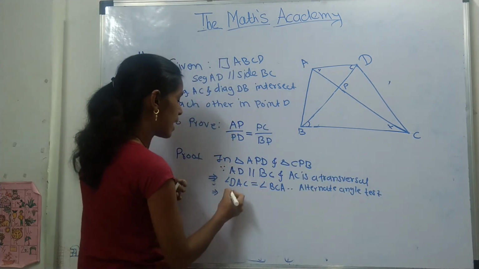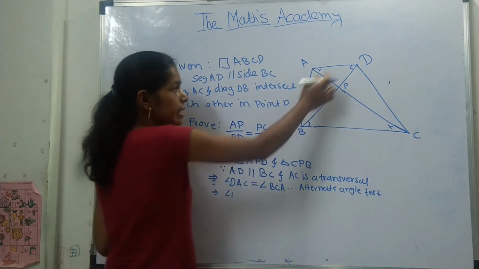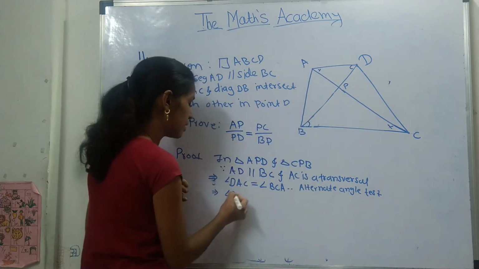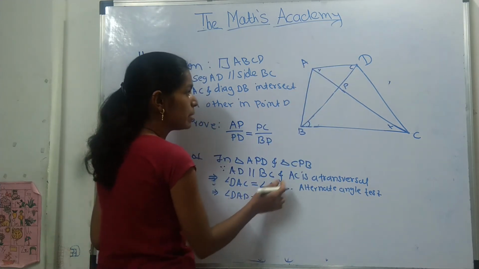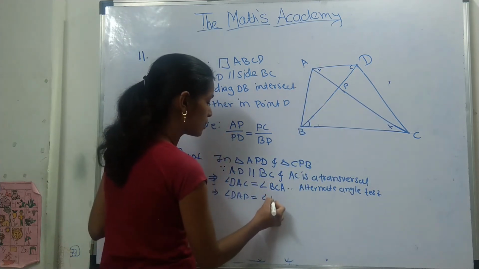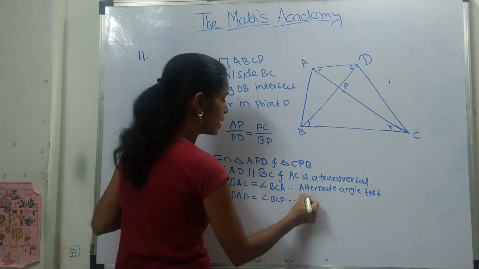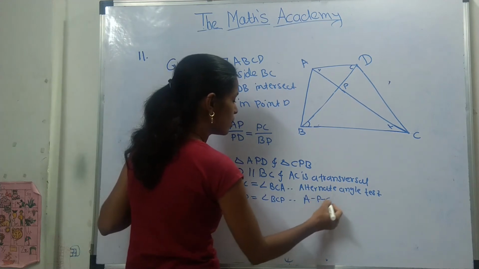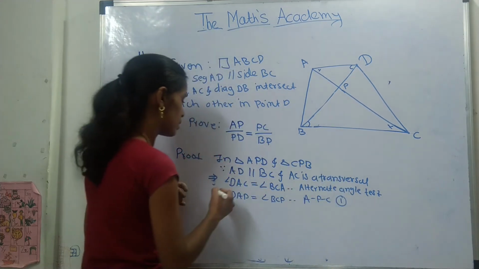This implies that angle DAC, which means nothing but DAP, and BCA, which means nothing but BCP. We will label this as the first result.